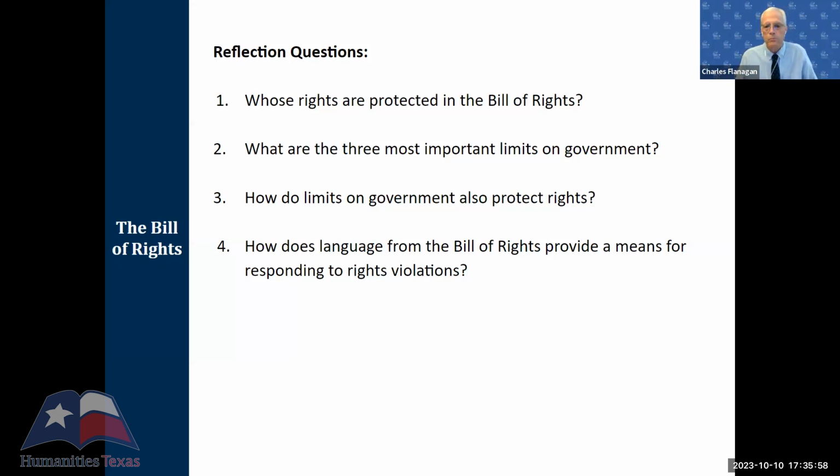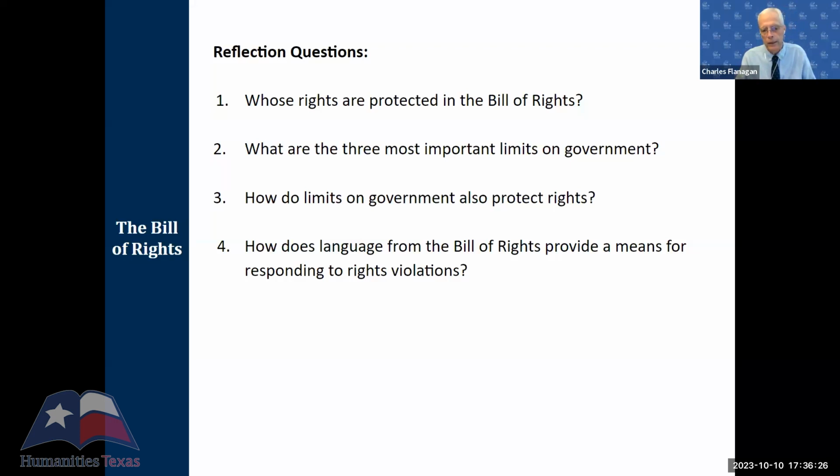How does the language from the Bill of Rights provide a means for responding to rights violations? In our Direct to Classroom program, we use some primary sources, like an example from the Korematsu case to show how Fred Korematsu drew from the Fourth Amendment and the Sixth Amendment in his challenge of his detention.